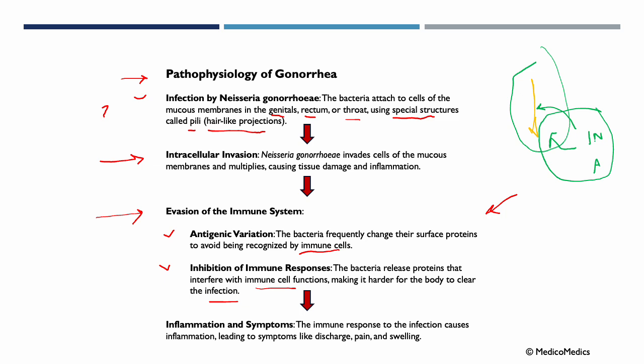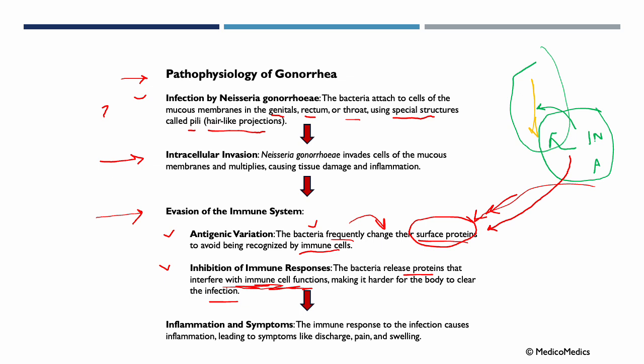In this case, for example, this particular bacteria frequently changes their surface proteins, right? And that should tell you that our immune cells are trained somehow to identify proteins on its surface. And if it keeps changing it, at least our adaptive immune system will have trouble recognizing it. Furthermore, it releases proteins that interfere with immune cell functions.